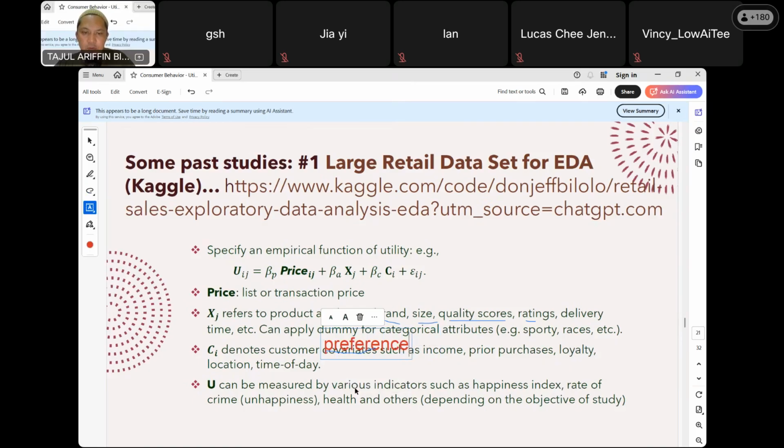Preference or factors, like income, loyalty, and dress. And U, how do we measure U?